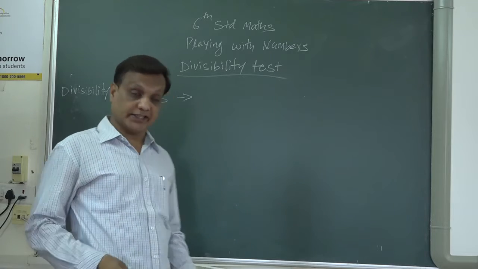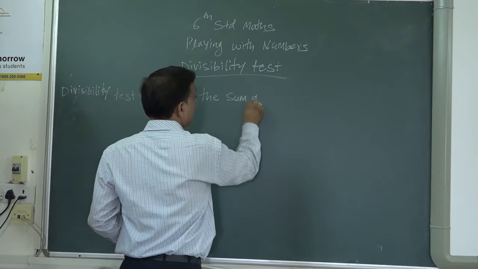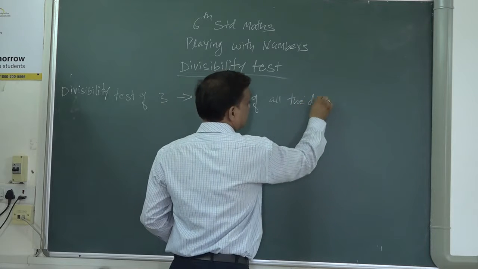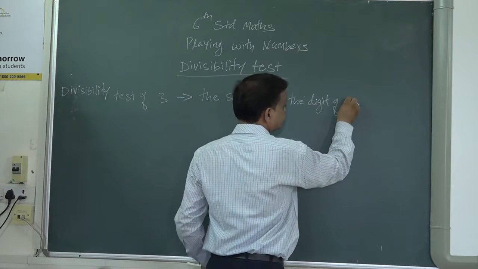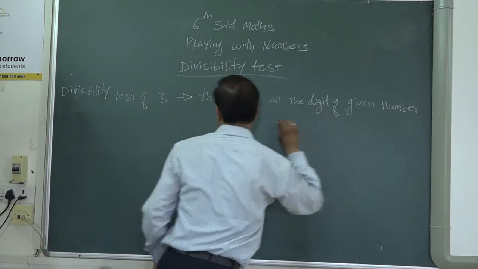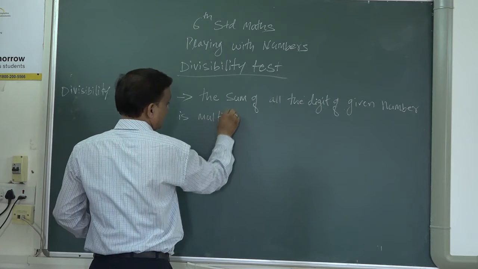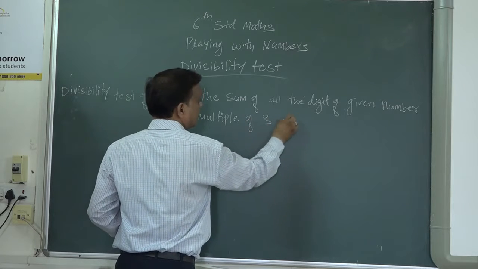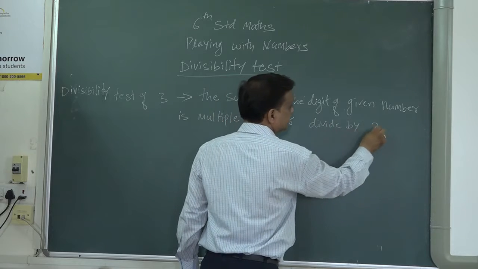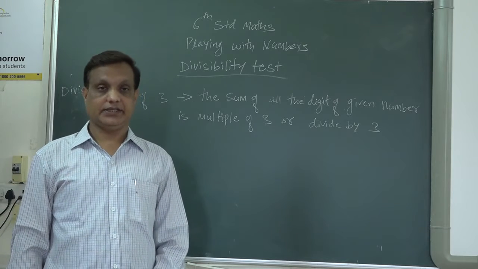The definition of divisibility test of 3: the sum of all the digits of the given number is a multiple of 3 or divisible by 3. Then that number is going to be divisible by 3. We will take an example.